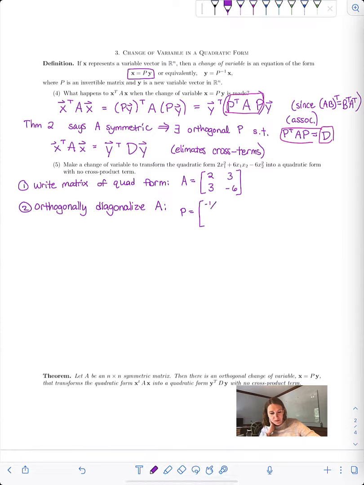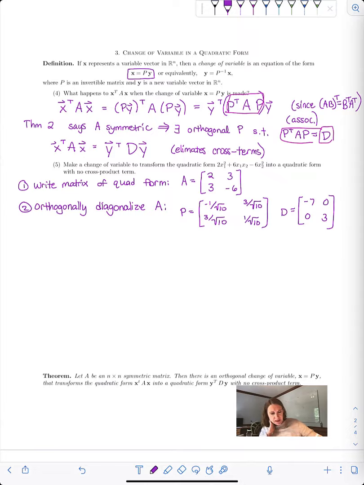One is -1 over root 10, and I believe 3 over root 10. And then the other is 3 over root 10, 1 over root 10. And definitely go back and try to make sure you can get this. And if not, ask me about it, please. And then we need to make sure our eigenvalues match up with the eigenvectors we got. Okay, so this is our orthogonal diagonalization.